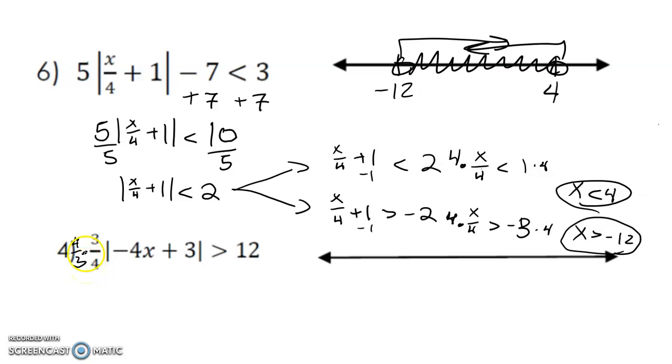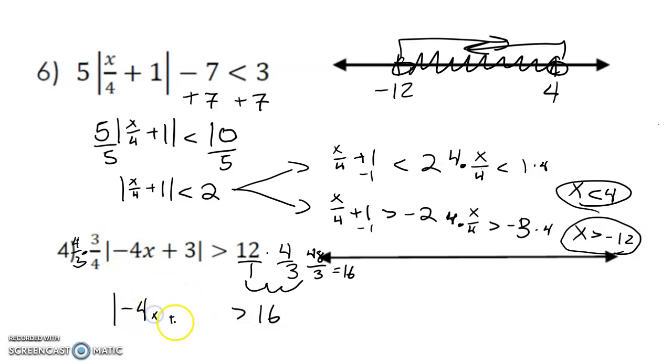So you multiply the 4 over 3 on both sides. And if we work this out, 12 times 4 is 48 over 3, that's going to equal 16. So all this on this side is going to equal 16. Symbol still facing the same way.